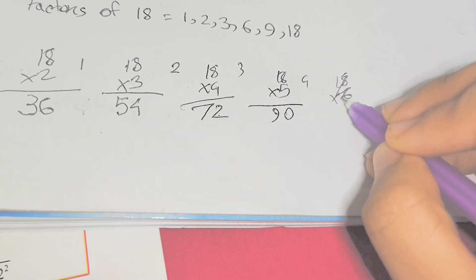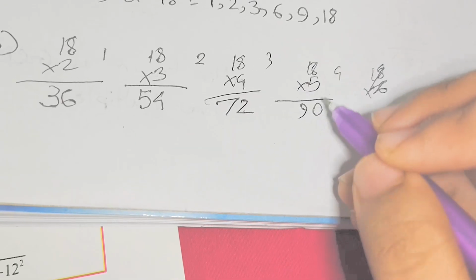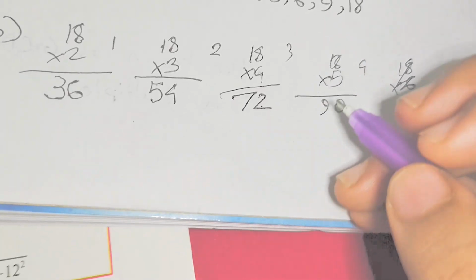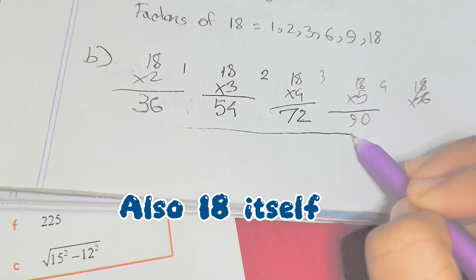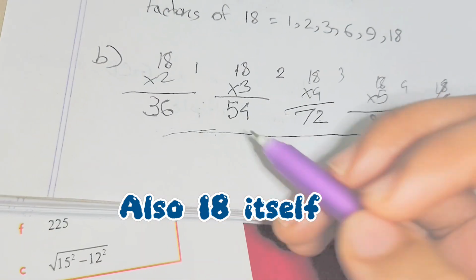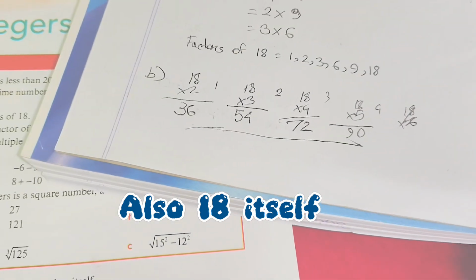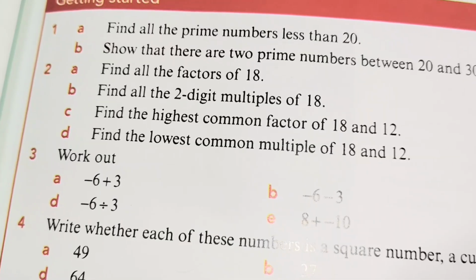There's no point in continuing because if we add 18, it's going to be a three-digit number. So these four are the only two-digit multiples of 18.